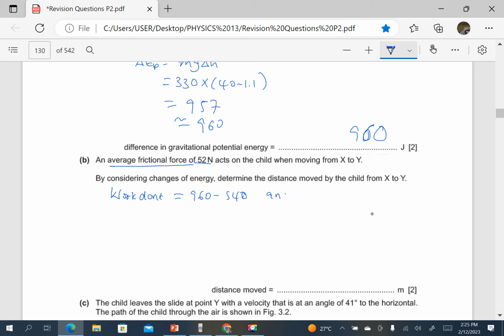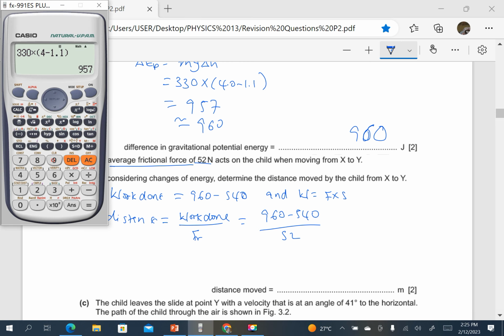And we know that work done is equal to force times distance. So the distance is going to be the work done over the frictional force. That is 960 minus 540 divided by 52 newtons. So that is 8.1.